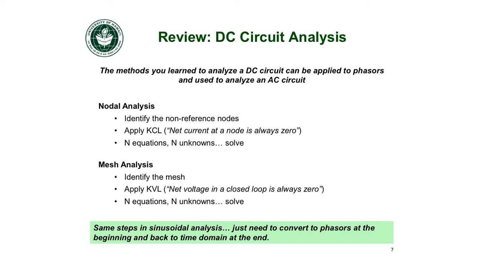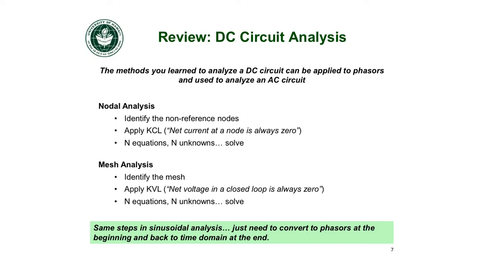For mesh analysis, you identify the different loops in the circuit, apply KVL to each one of those loops or meshes, and again you end up with a set of equations to solve for the same number of unknowns.